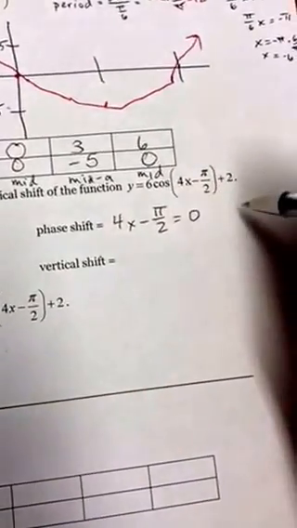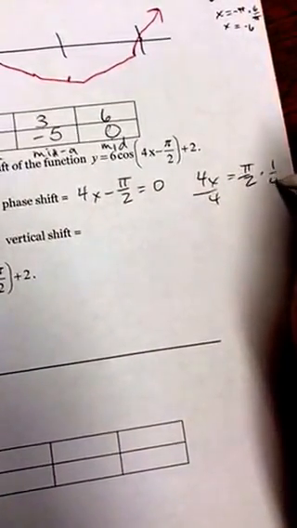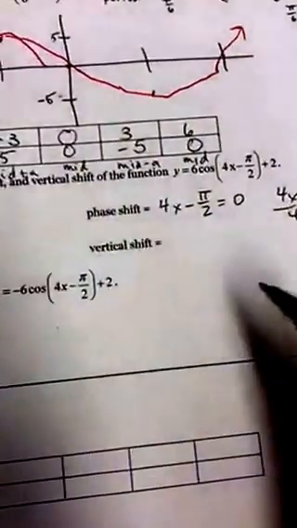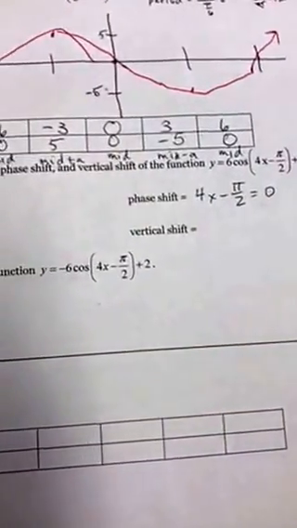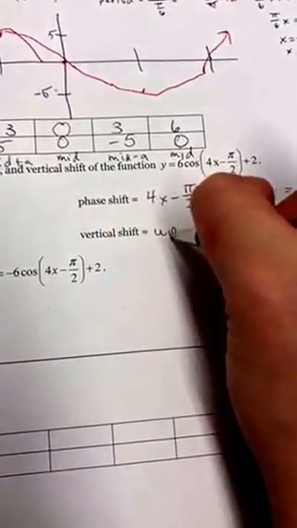So we will have 4x equals pi over 2, divide by 4, or multiply by the reciprocal. So we will get pi over 8 as our phase shift. So we're going to start at pi over 8. Our vertical shift is that outside number, so we're going to go up 2.